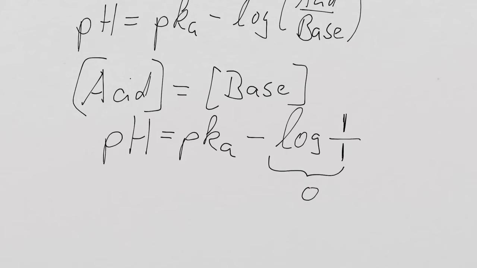So let's say the pKa, in this case, would be 7. It's a very weak acid.